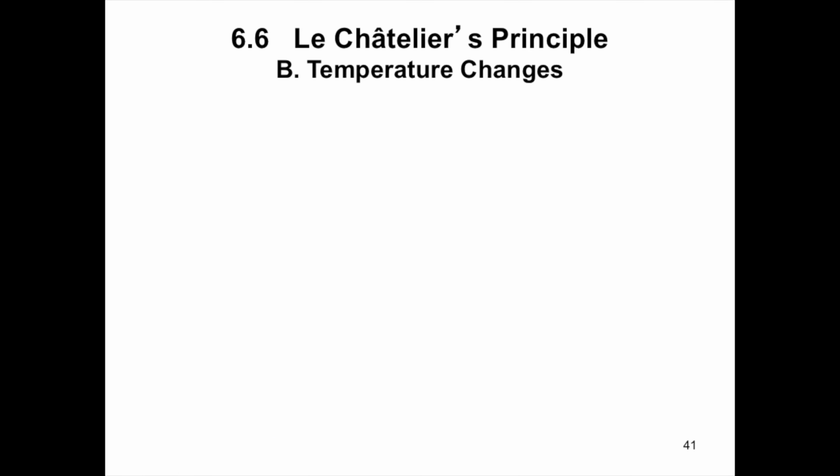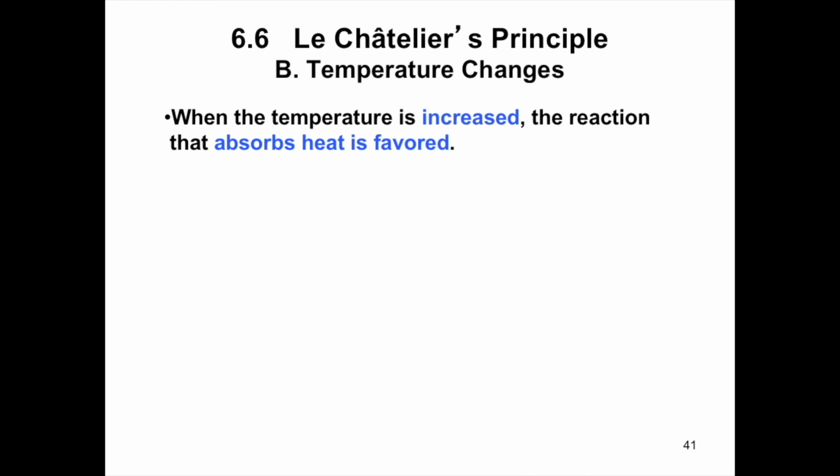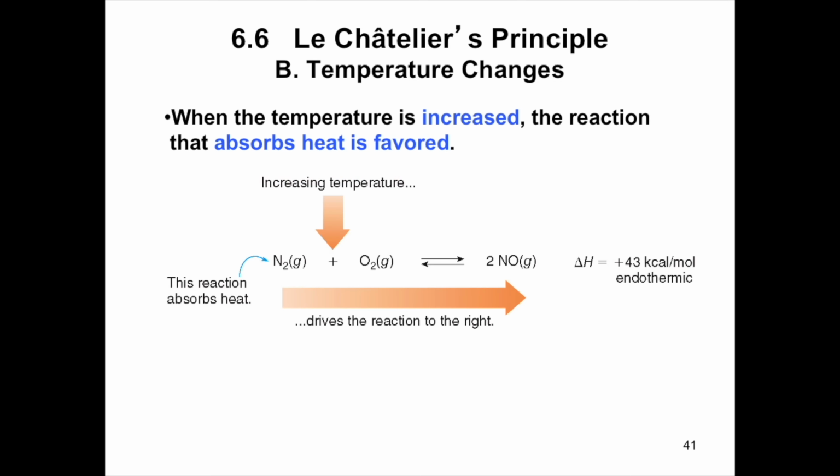Now, in order to predict what effect a change of temperature has on a reaction, we must know if a reaction is endothermic or exothermic. So when the temperature is increased, the reaction that absorbs heat is favored. For example, the reaction of nitrogen and oxygen to form nitrogen monoxide is an endothermic reaction.